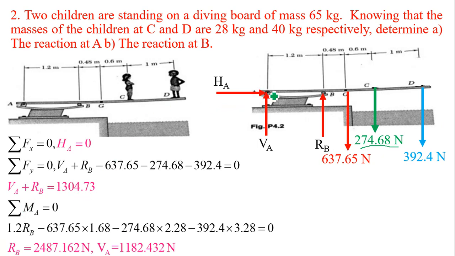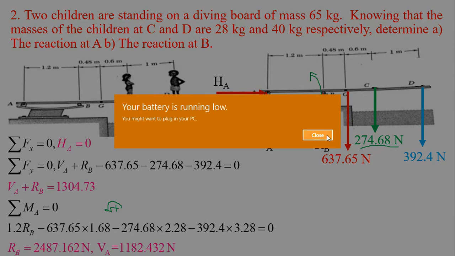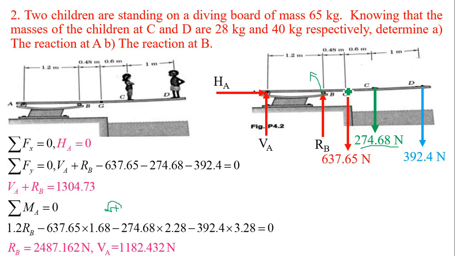Then taking summation of movement about point A as 0, considering the anti-clockwise movement as positive. So first, RB perpendicular distance is 1.2, nature of movement is anti-clockwise, so RB into 1.2 positive. The next, 637.65, perpendicular distance is 1.2 plus 0.48, and the nature of movement is acting in the clockwise direction, so minus.